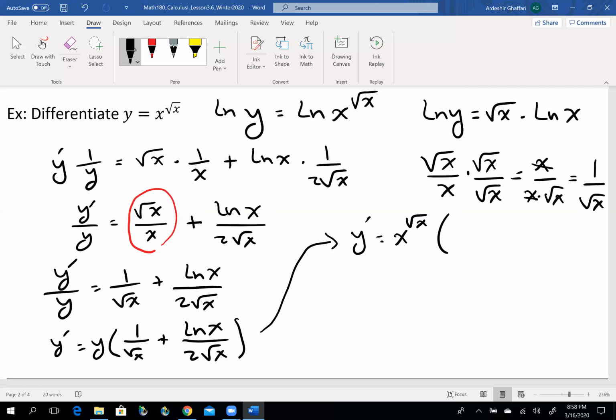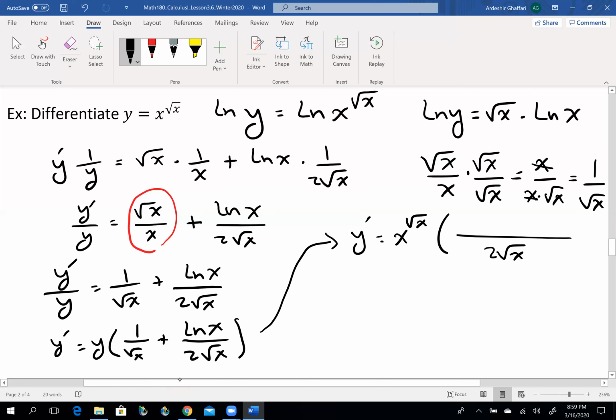Okay guys, if I want to find the common denominator between the square root of x and 2 times the square root of x, the lowest common denominator is going to be 2 times the square root of x.